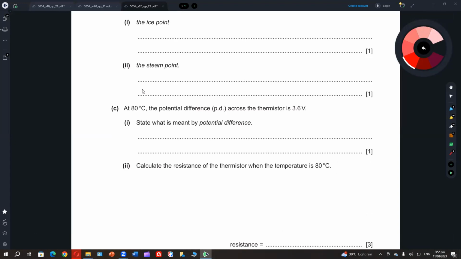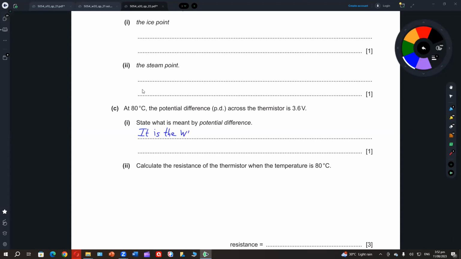C part. At 80 degrees, the PD across the thermistor is 3.6 volts. What is meant by PD? Can you please give the definition? It is work done or energy change.